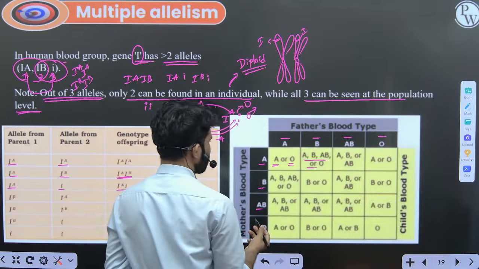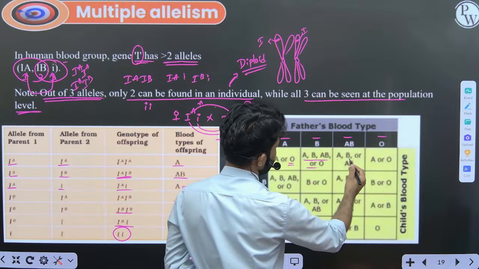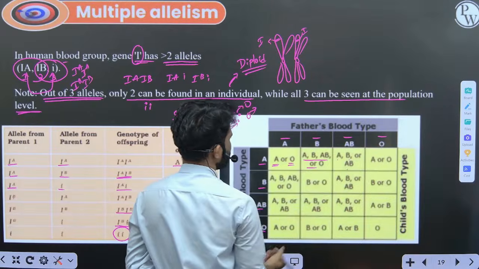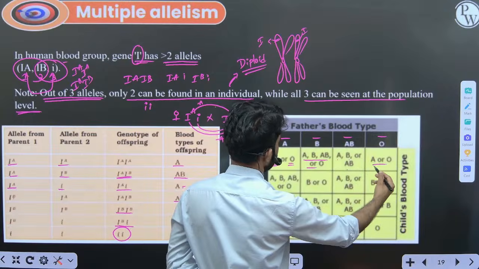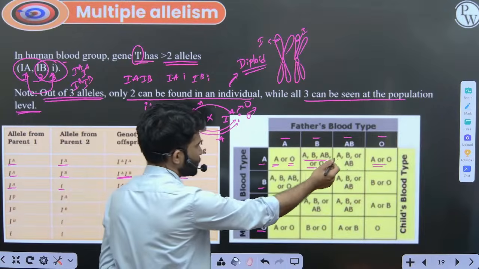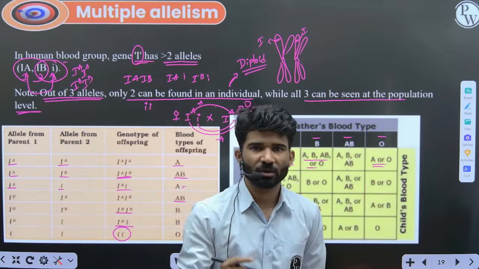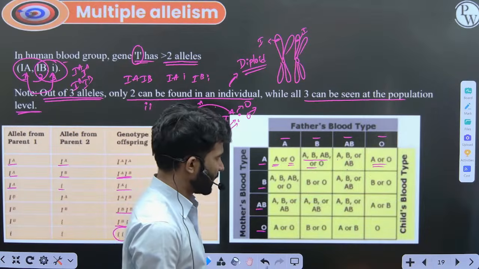for the father's blood group. These are the possible genotypes. As part of this, please remember which type of parental blood group gives which type of offspring blood group.